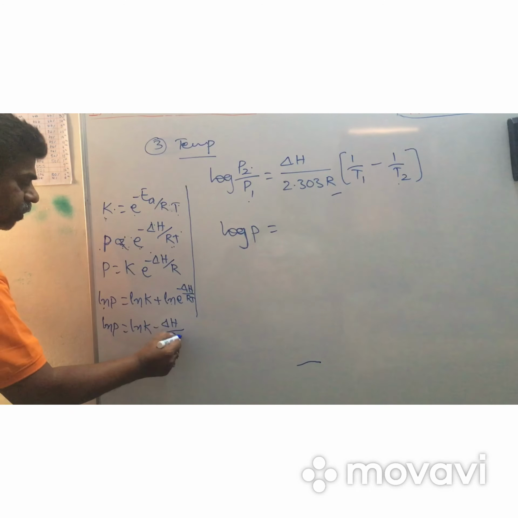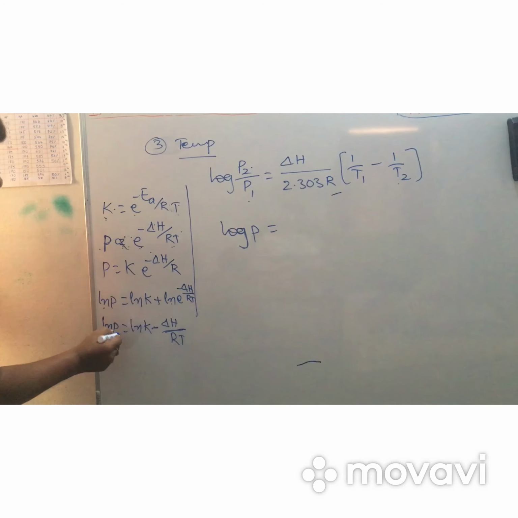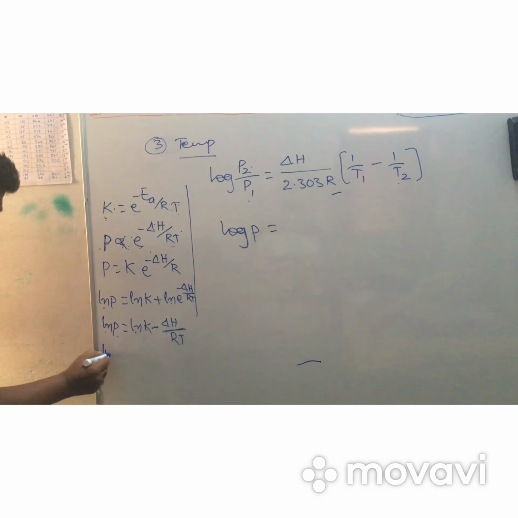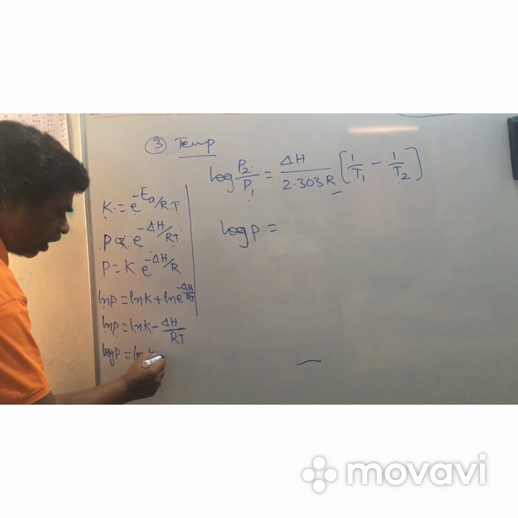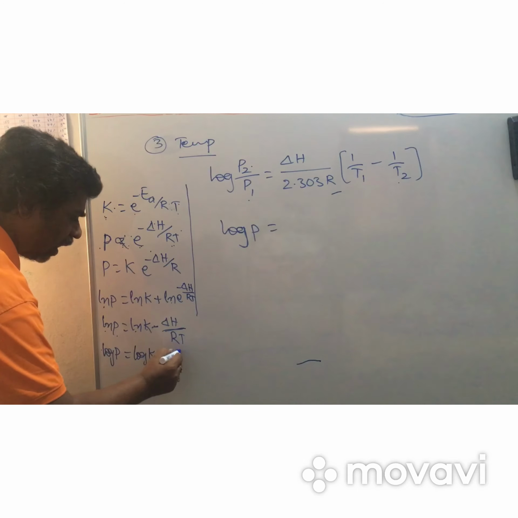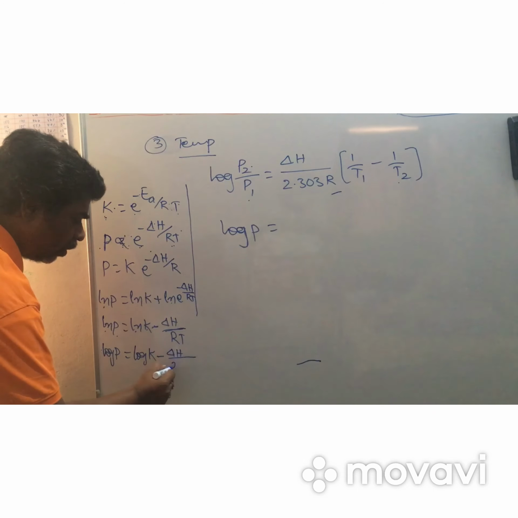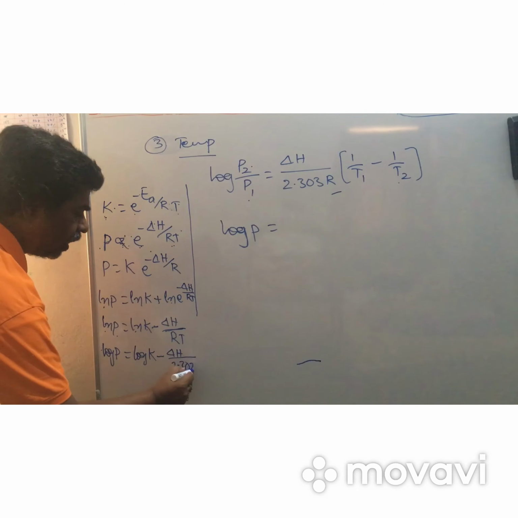This is the natural logarithm. Converting into base 10 logarithm, we get 2.303 log P equals 2.303 log K minus delta H by RT. Then divide everything by 2.303. So with log base 10 instead of base e, we get log P is equal to log K minus delta H by 2.303 RT.